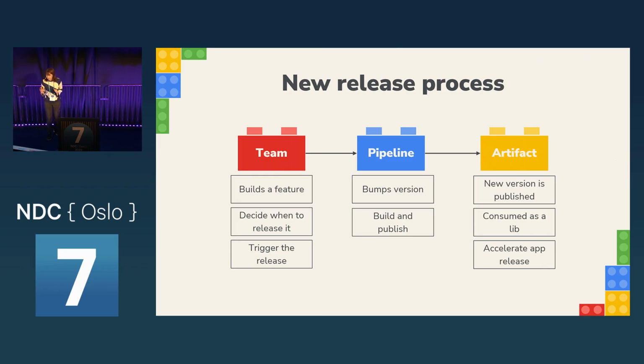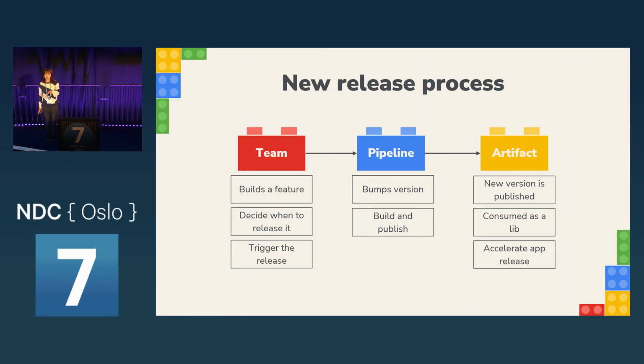So up to now, after working over a year in a team, we managed to get very, very close to our goal, to have this new release process. That means at the team level, each team builds a feature. The team decides when they want to opt in to release the feature.